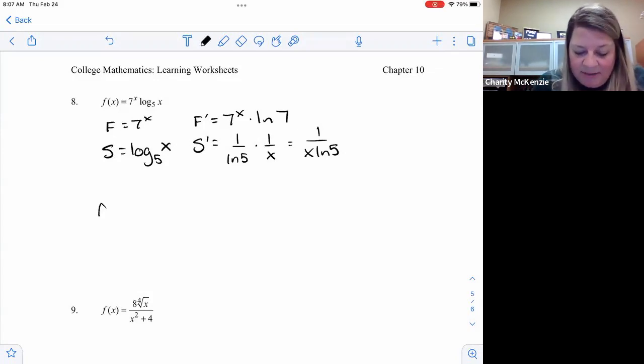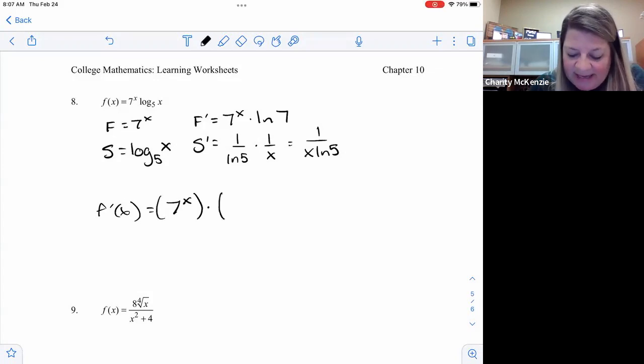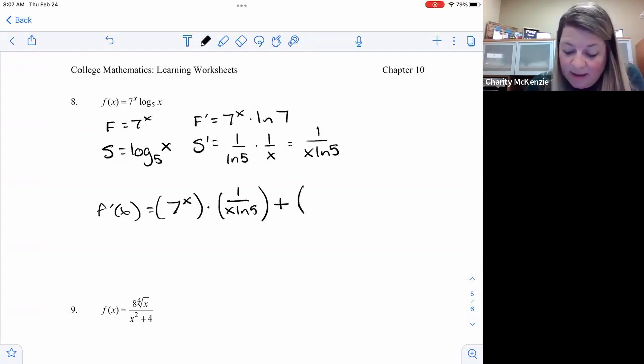So we start with our first. The original first is 7 to the x, right? Times the derivative of the second, which is 1 over x natural log of 5, plus the original second, log base 5 of x, times the derivative of the first, 7 to the x times log of 7.